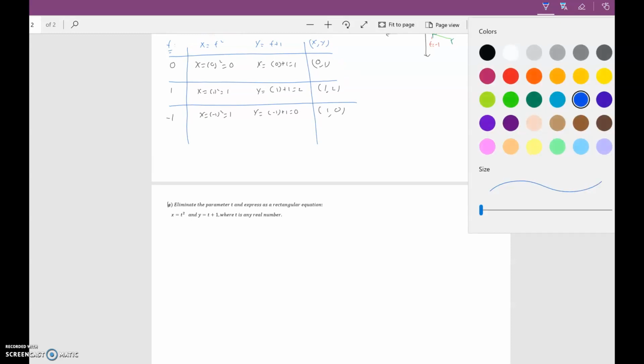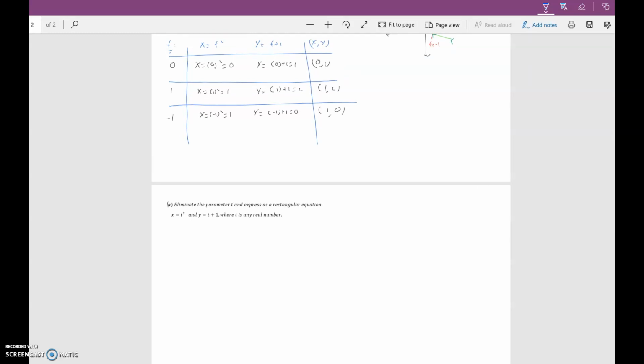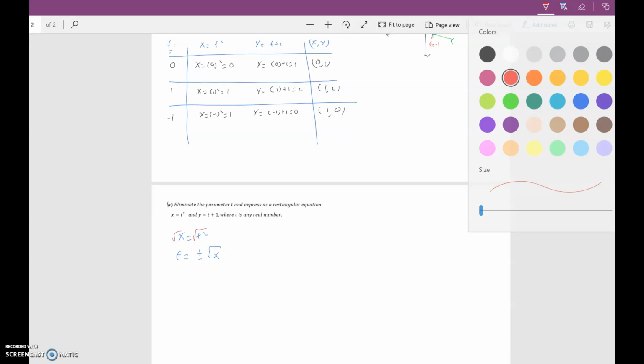In this case, you have that x is equal to t squared. So if you were going to express everything in terms of x's and y's, you would have that t is equal to plus or minus the square root of x, which happens to be the resulting solution of taking the square root of both sides.